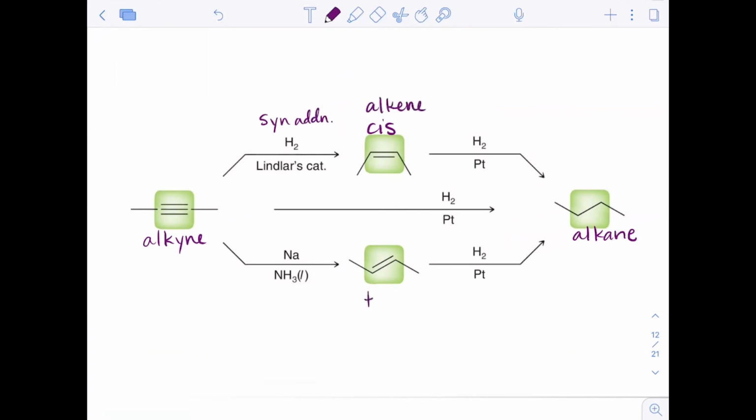If for some reason we want the trans alkene, then we would go ahead and use the dissolving metal reduction, which is an anti-addition mechanism. Any of those alkenes can be taken forward with H2 and platinum, palladium on carbon, or nickel to become the alkane.